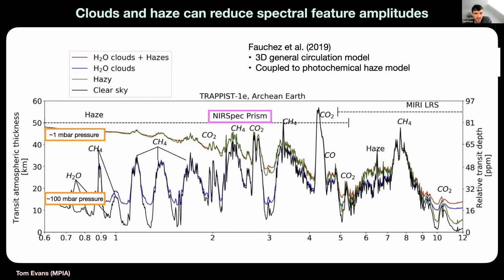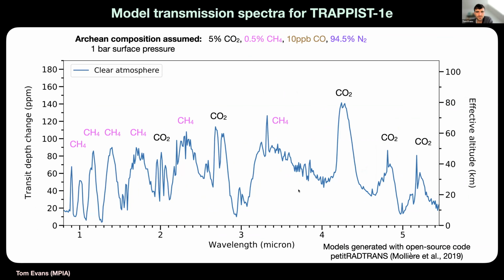The green and red lines show two cases that include photochemical haze, which extends, in terms of opacity, from about 1 millibar in pressure at the shortest wavelengths to about 100 millibar at longer wavelengths. When compared against the other models shown here that don't have haze, it's very obvious how strongly it can affect the transmission spectrum and reduce the amplitude of spectral features.